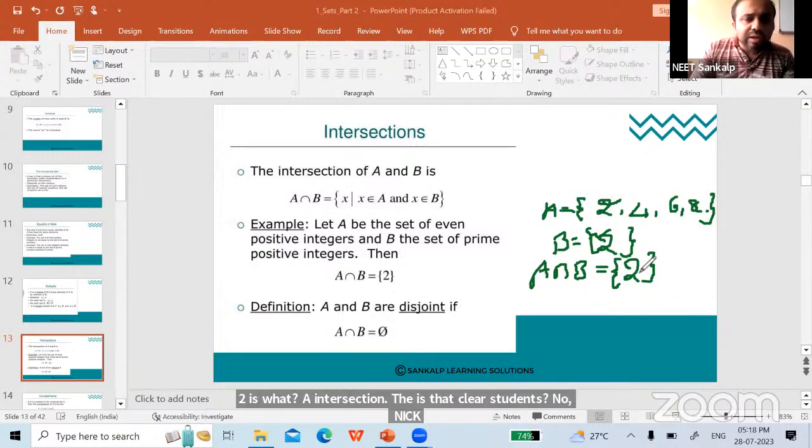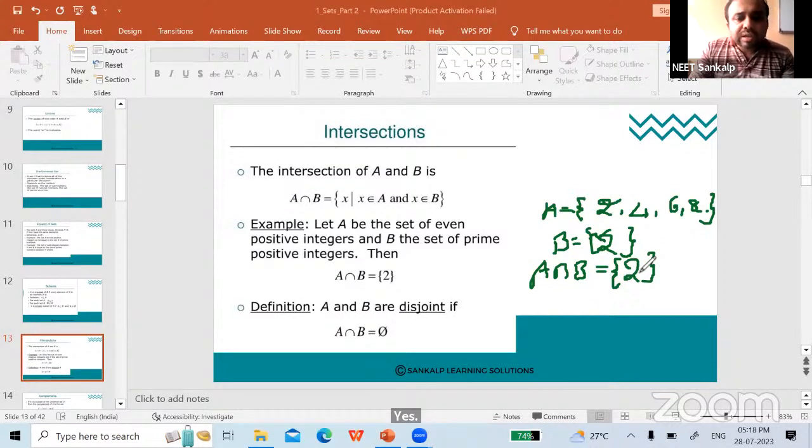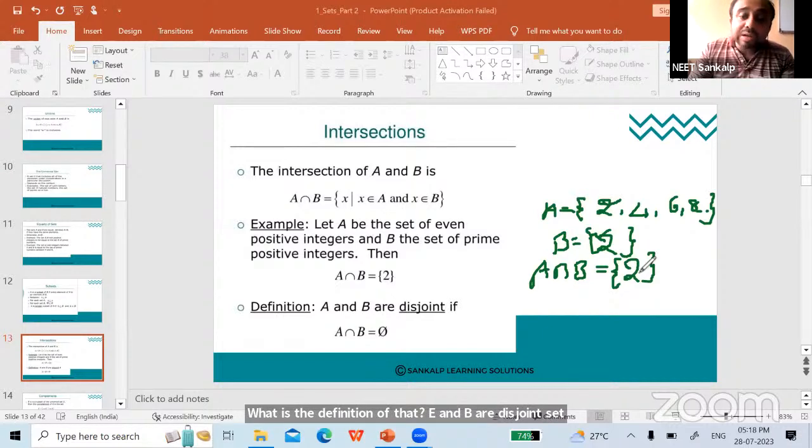Next is the definition. A and B are disjoint sets if A intersection B is the null set.